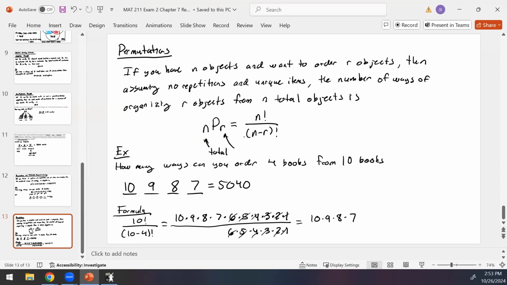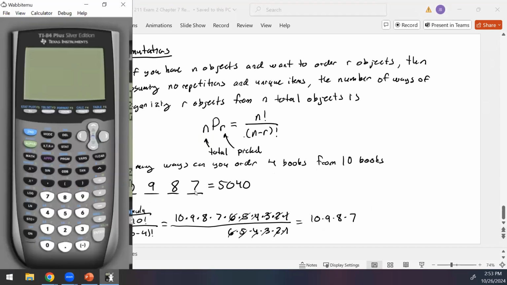And then this is what you have picked, right? So it's your objects, whatever you pick. So for me, it's going to be 10. So you have to type in the number first, your total, hit the math button, and then go to PRB for probability, and it's the second option right there. And then NPR, and then 4, right? And then 5040, right? Or 10 times 9 times 8 times 7, 5040, right?